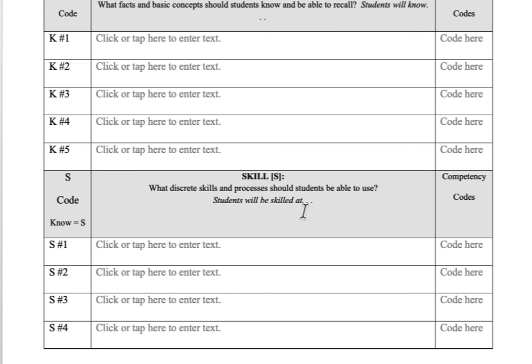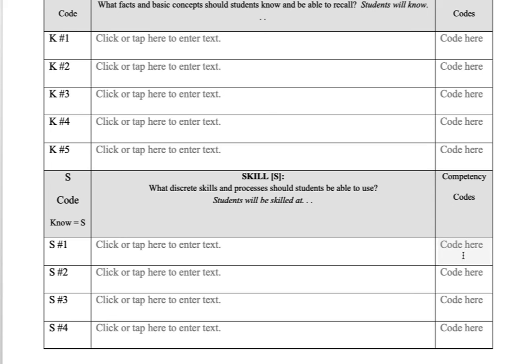So for skills, I might type, students will find and interpret the rate of change and slope of a line. So they're actually doing something. Or maybe I would type something like, students will graph equations in slope-intercept form. So they're actually physically doing something. So that's what a skill would be. And then to the right of that, I would go ahead and type in the competency code that would correspond.